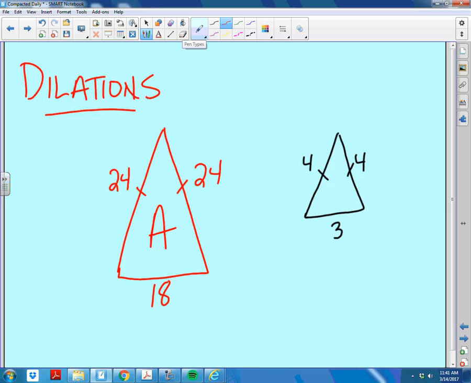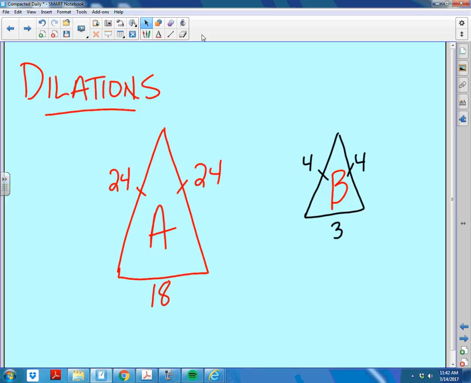So now I have triangle A, I have triangle B. And I say, I want you to find the scale factor that changes triangle A to triangle B. Now, I know some of you know, I just want you to listen, so I want everyone else to kind of understand this.